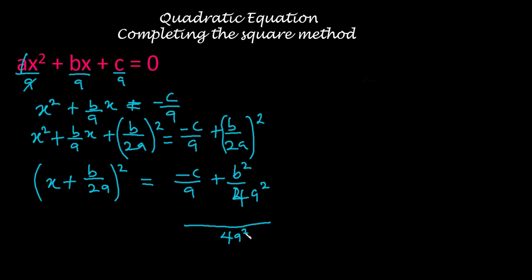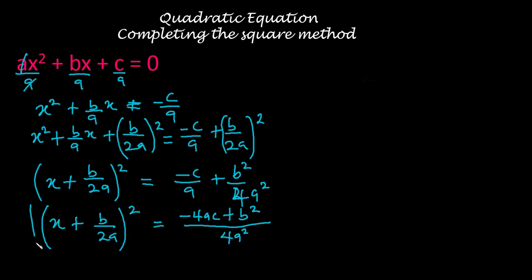So 4a squared divided by a is 4a. 4a times minus c is minus 4ac. 4a squared divided by 4a squared is 1, times b squared is b squared. So this is x plus b over 2a, everything squared, which is equal to this.